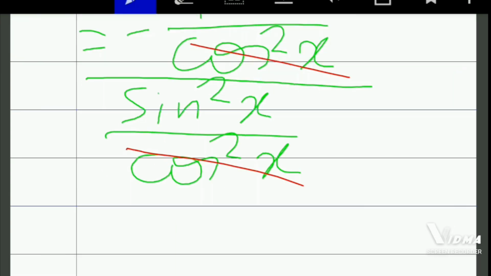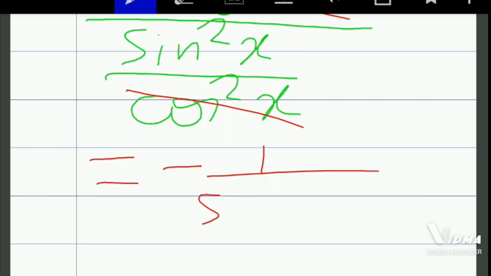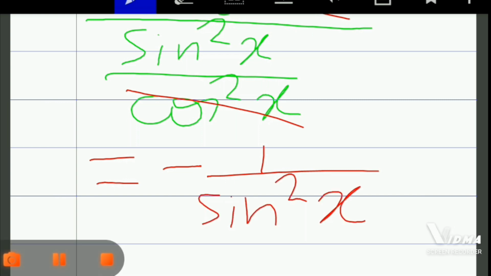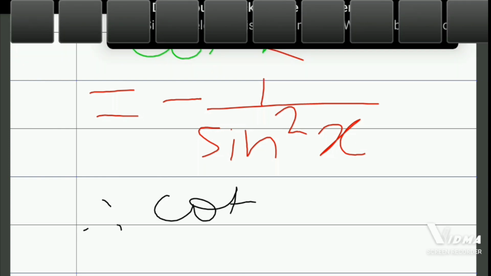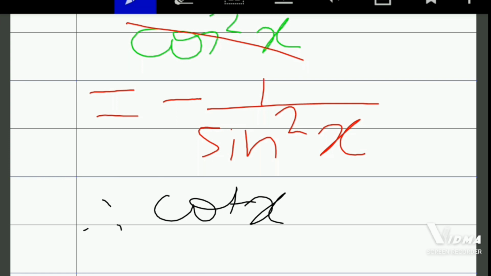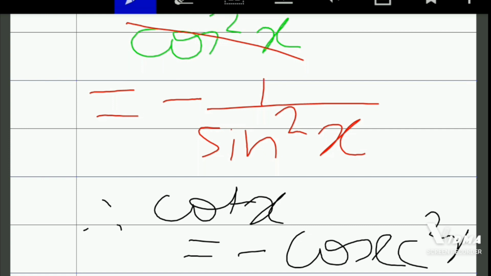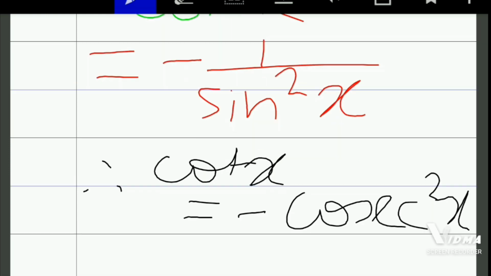So the overall answer would be minus 1 upon sin square x. Therefore the differentiation of cot x is equal to minus cosec square x, as 1 upon sin square x is cosec square x.